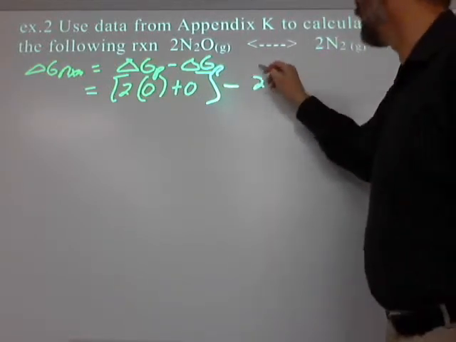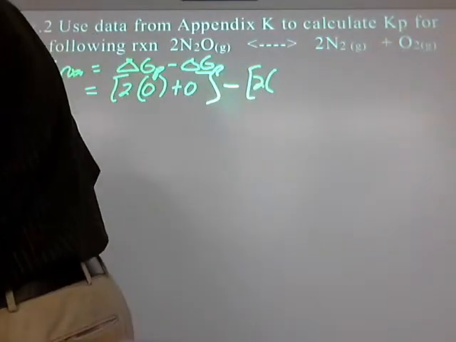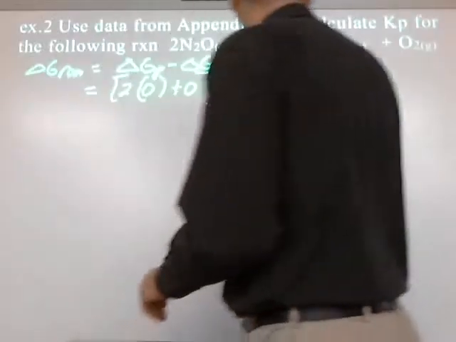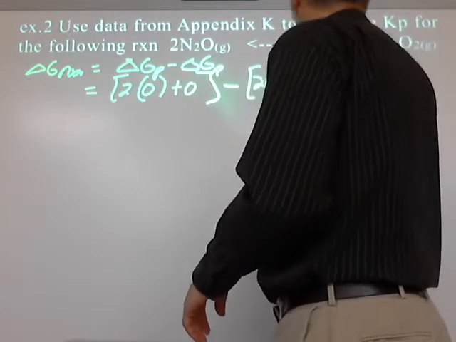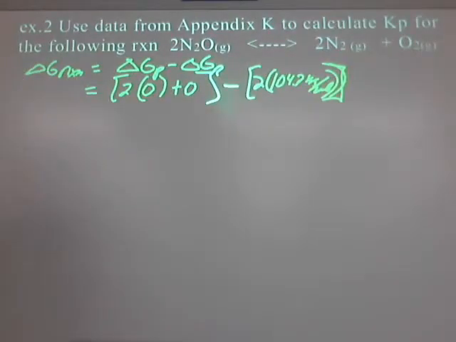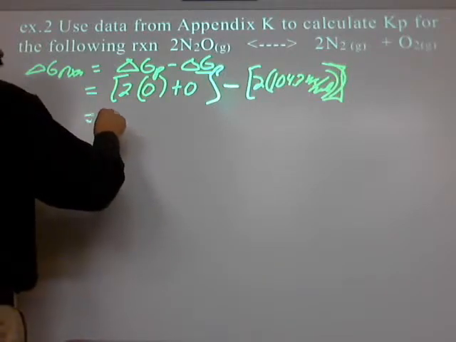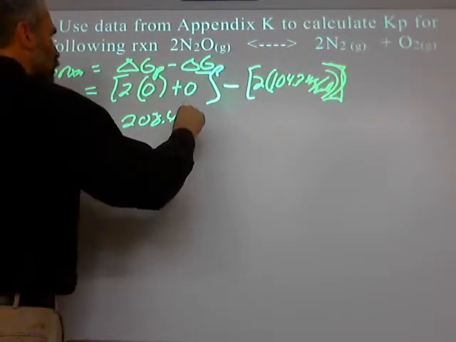2 times N2O. I have it looked up. You don't have to get it. It is 104.2 kilojoules per mole. And again, I have the math for that done as well. Negative 208.4 kilojoules per mole.